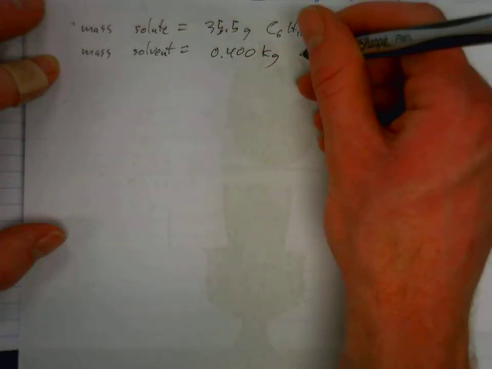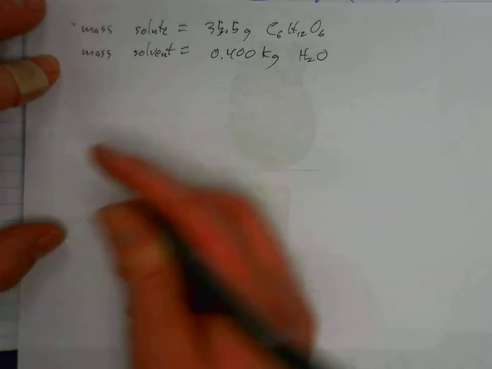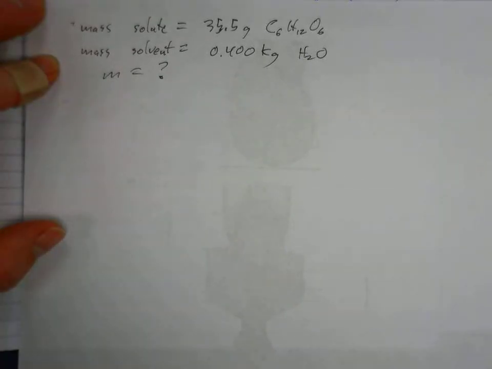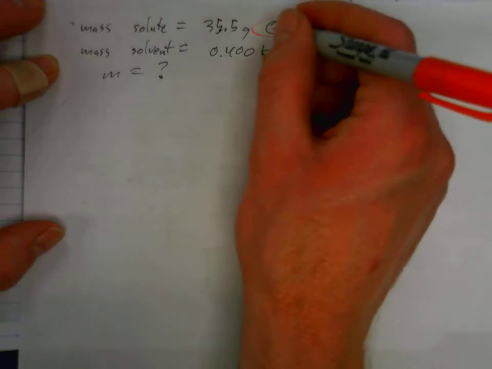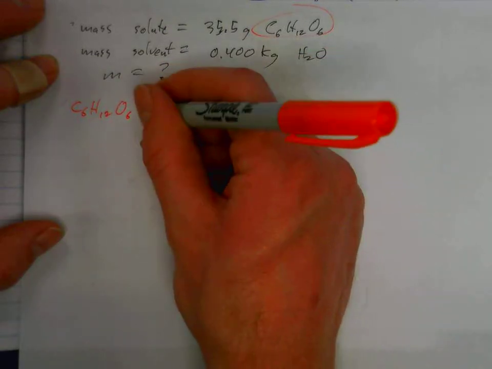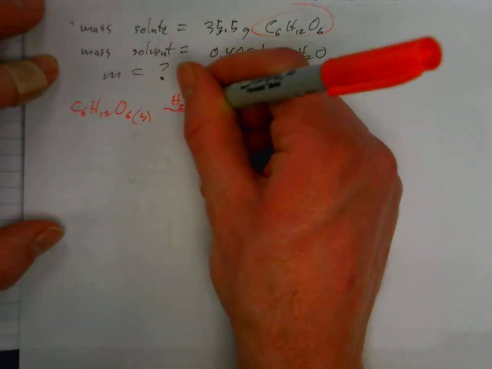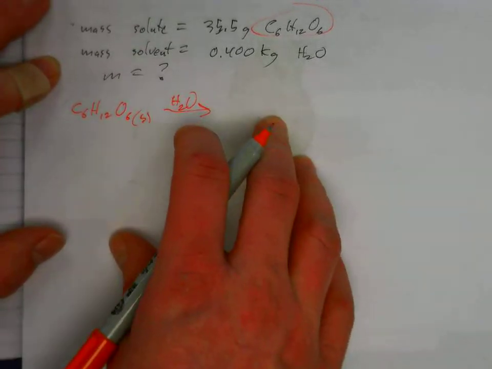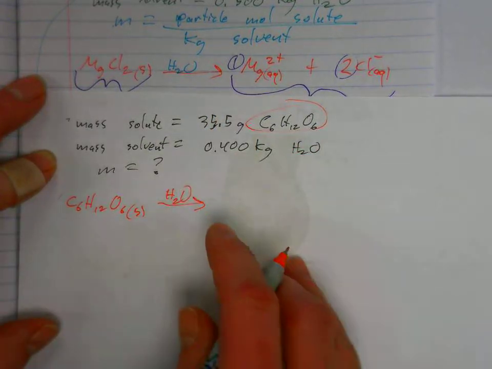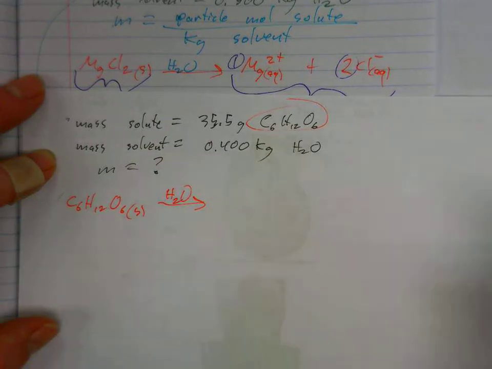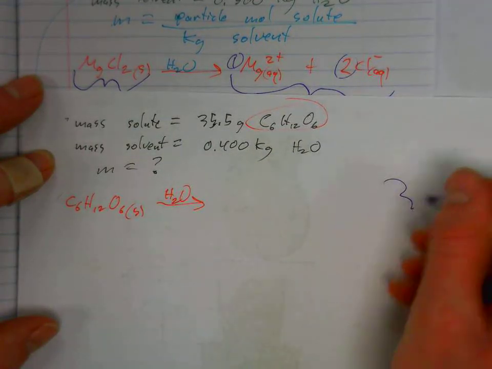Now, just like the last problem, we need to think about this compound, glucose, C6H12O6. When it dissolves in water, what does it do? Is this an ionic compound, one that dissociates into its ions like the last problem? Well, no, it's a molecular compound and a non-electrolyte. And as a non-electrolyte, it doesn't dissociate.